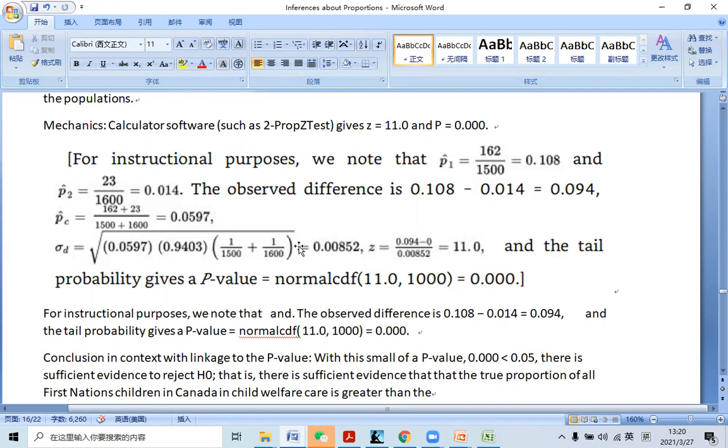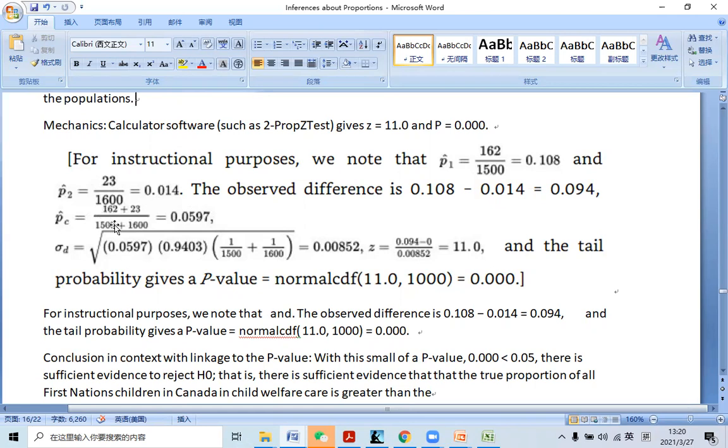Standard deviation, you've got to prove. So this one is a really special case in estimating standard deviations. Here, this is a test of proportions. You can see you add the two samples, sample one is 1500 and 1600, and then you also add the proportion of people in child welfare.